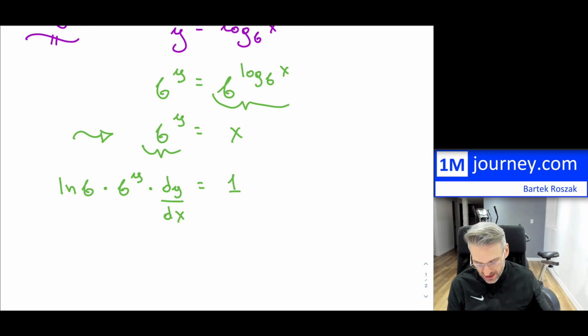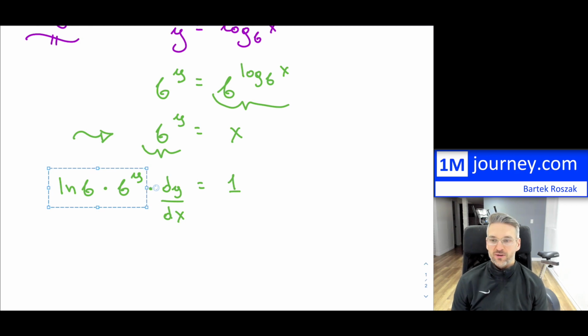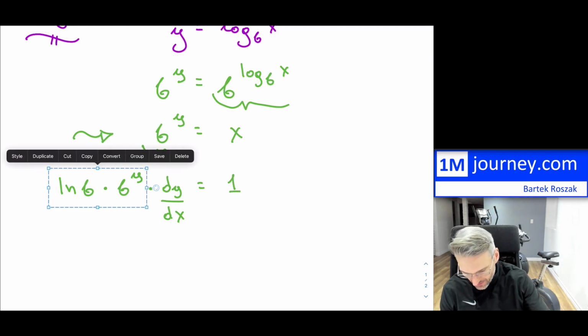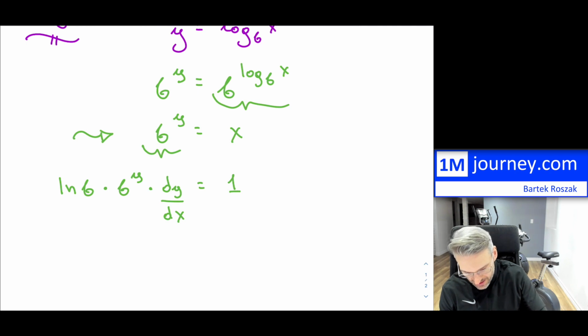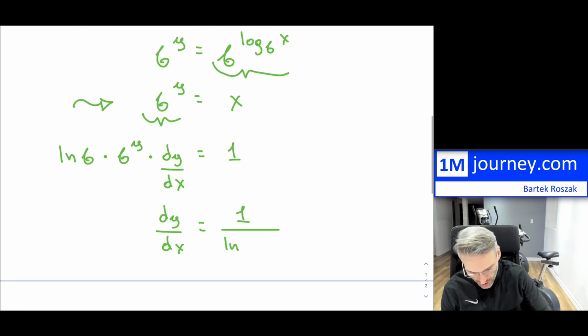And from here, you can see that all of this that we have right there is going to fall off. So that entire thing, if I take it, what's going to happen is I'm going to have my dy dx, which is the derivative, and this is going to be 1 all over ln b times b to the y. But hold on a sec. As you can see here, b to the y, that's just equal to x, right?